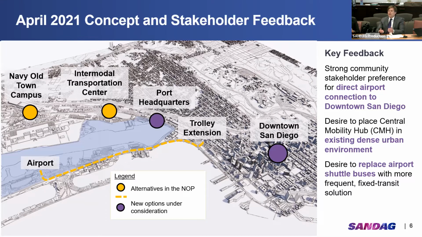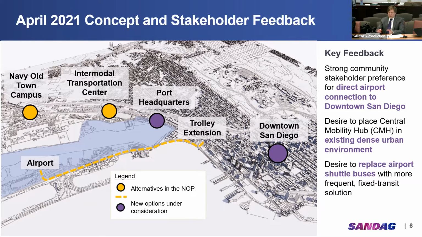And we introduced these new concepts that included the potential for the port property and that we were looking at downtown San Diego. Since December, we've been studying these concepts, much of which forms the proposed project alternative that we want to brief the board on today.